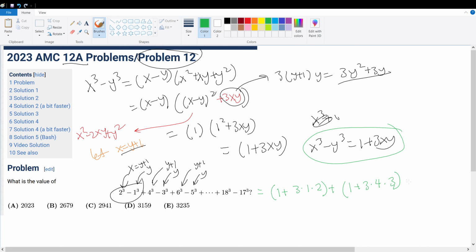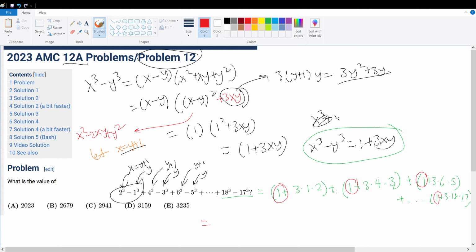And then let's do one more: 1 plus 3 times 6 times 5, plus dot dot dot all the way to the last one, which is 1 plus 3 times 18 times 17. Let's see what we get. We can see a pattern emerges: 1 plus 1 plus 1 plus 1, all the way down.